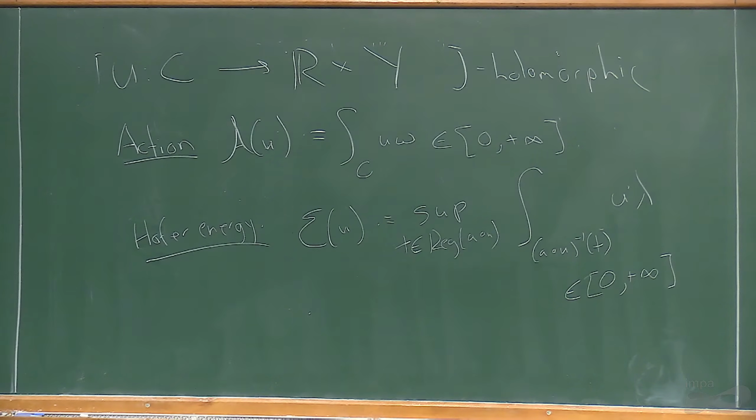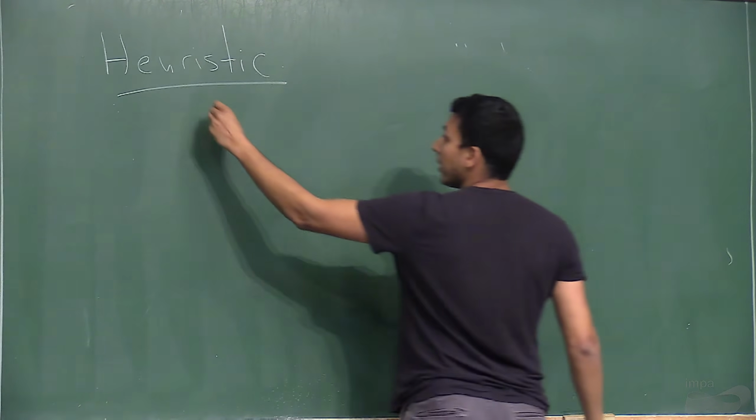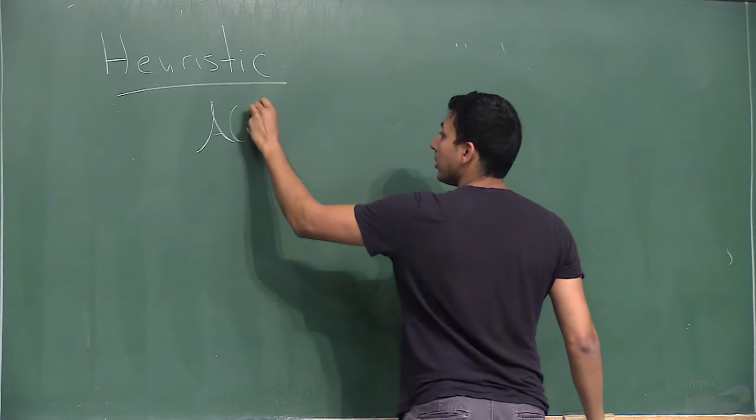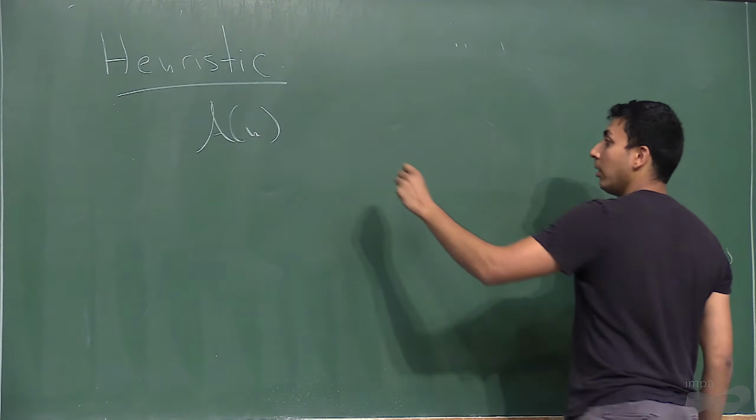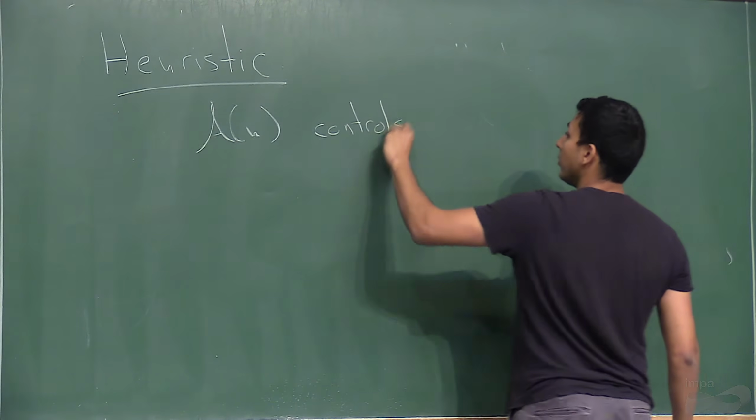So when I think about the action, I have the following heuristic in mind, which is that the action gives some kind of control on how close the curve is to the Reeb vector field.